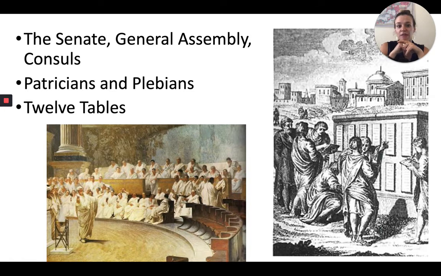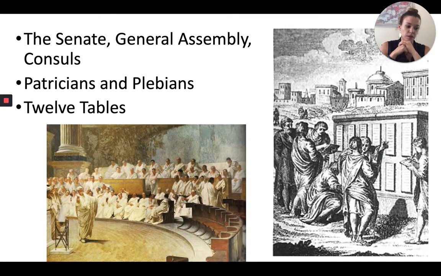Then you also have the General Assembly. The General Assembly is going to be comprised of plebeians, commoners, and ultimately the General Assembly has very little power. The votes of the wealthy counted more than the votes of the poor.